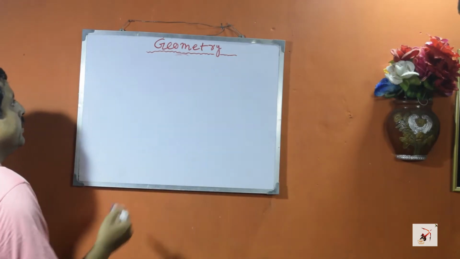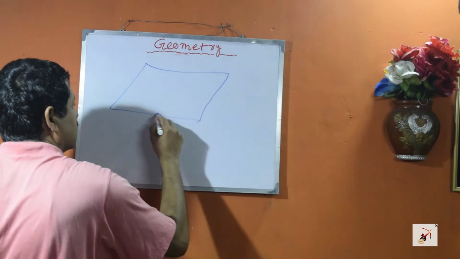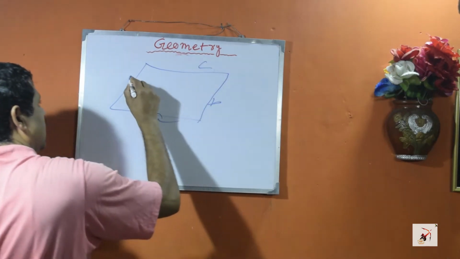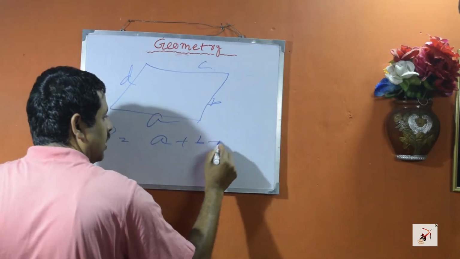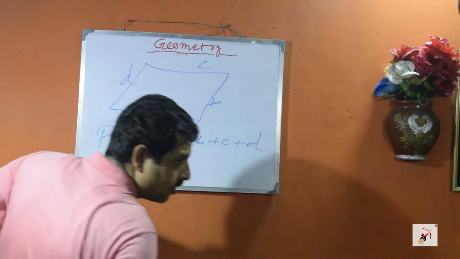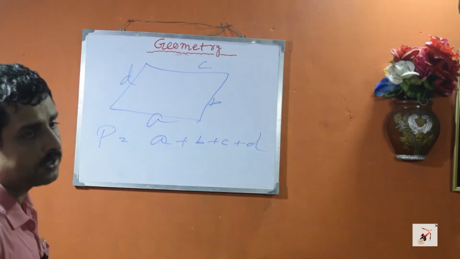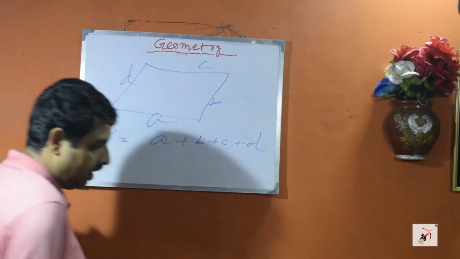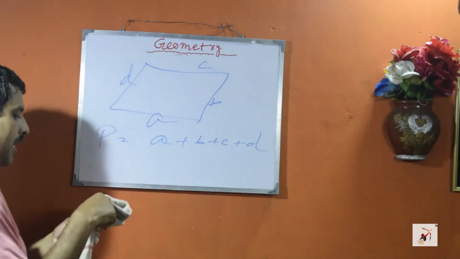For quadrilaterals, it is bound by 4 sides. Suppose A, B, C, D. Perimeter equals A plus B plus C plus D. In the case of a pentagon, the sum of the lengths of its 5 sides. In the case of a hexagon, the sum of the lengths of its 6 sides, and so on.